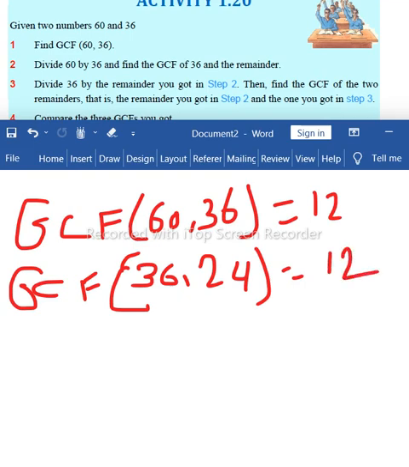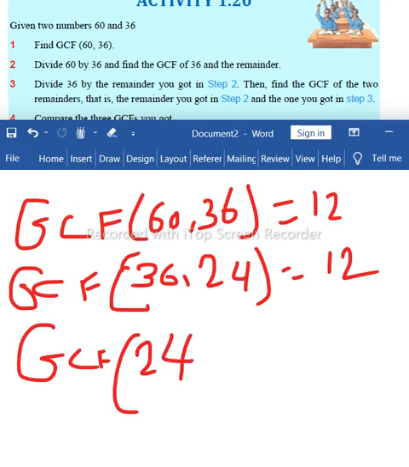Again, divide 36 by 24; the remainder is 12. So we find the greatest common factor of 24 and 12, the remainder when we divide 36 by 24.